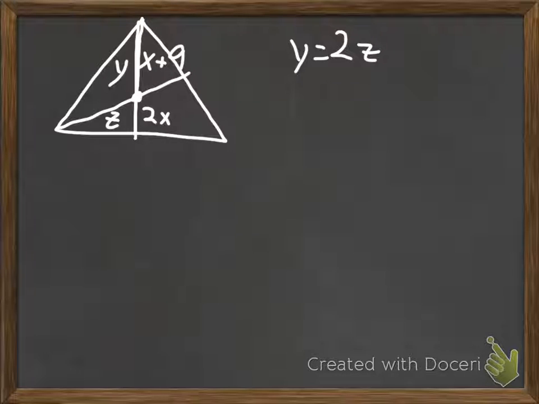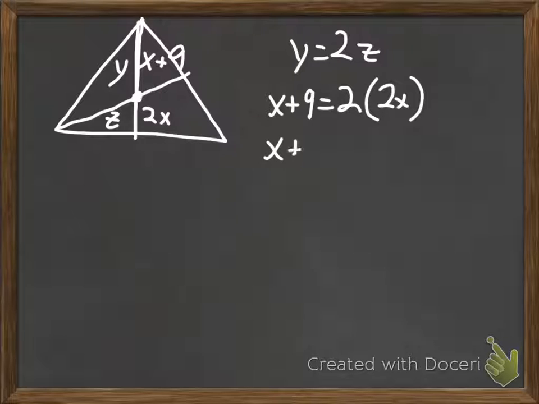And then I'm just going to substitute those values in. So I get x plus 9 equals 2 parentheses 2x. I want you to recall from algebra, whenever we're substituting in something and there's another number being multiplied with it, we always put it in parentheses because you don't want to miss out on an opportunity to distribute.